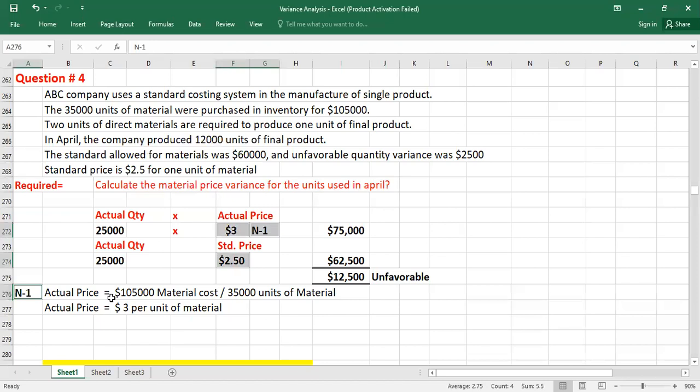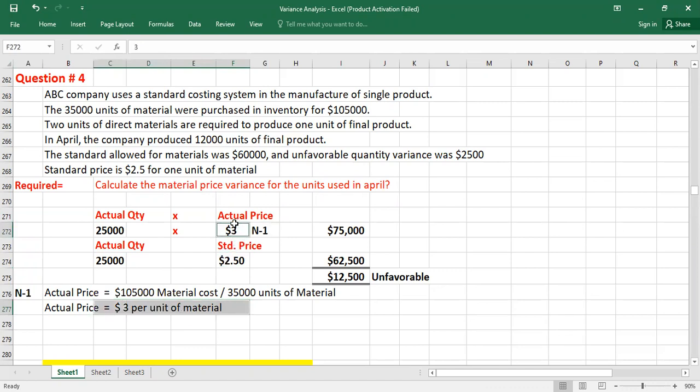So the actual price we can calculate as $105,000 of material cost divided by the actual material purchased, which is 35,000 units. So 105,000 divided by 35,000 gives you the actual price, which is $3. We put it here.